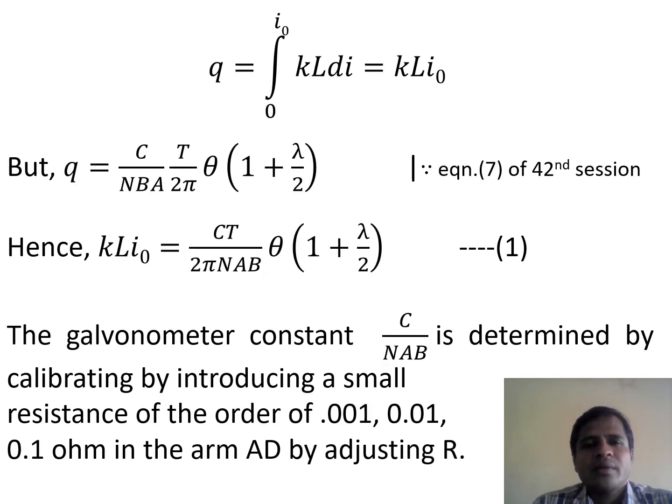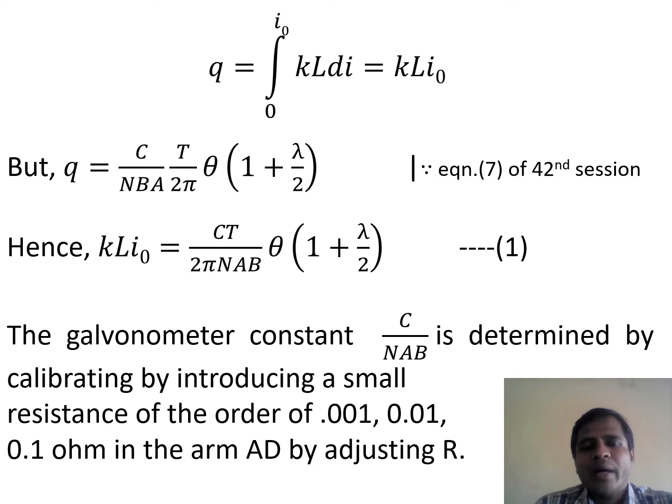Since the current rises from 0 to maximum value, that is I naught, the limits will change from 0 to I naught. So therefore, Q is equal to integration over 0 to I naught of K into L into di. So here K and L are constant terms, so only di will be integrated.